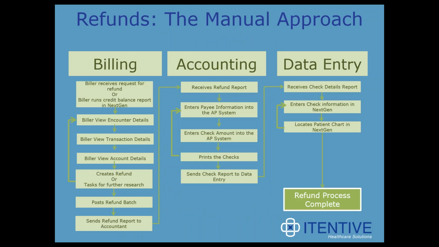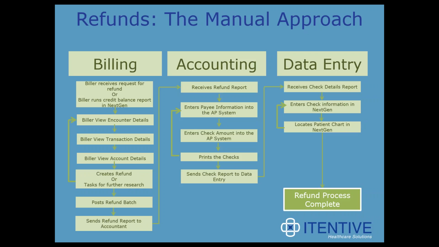The next few slides I'm going to show you talk about the process within the organization and the areas within the organization that are affected by credits and issuing refund checks. In a typical organization, you're going to process a credit one of two ways, most likely.